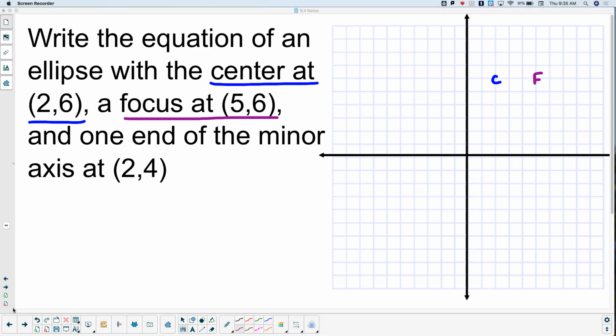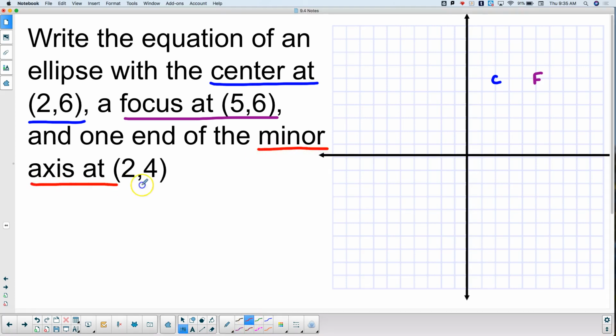Okay, and then the end of one minor axis is at 2, 4. 1, 2, 3, 4. Based off of that information, what do I know? B squared is 4, because b is 2.